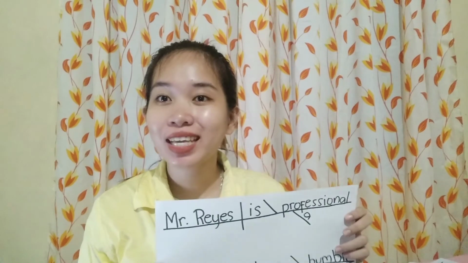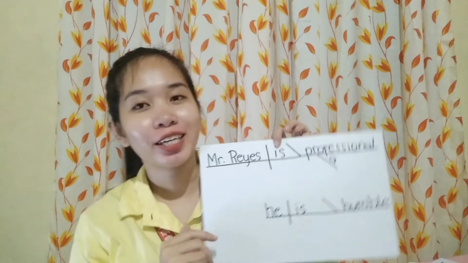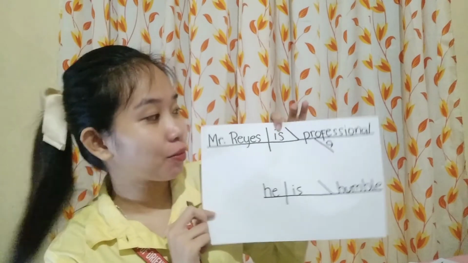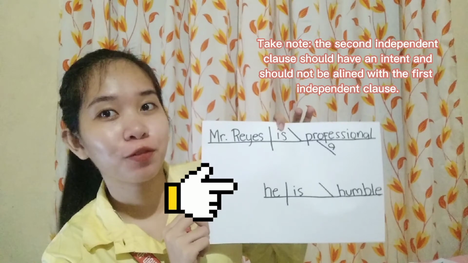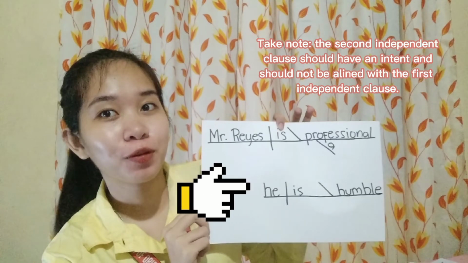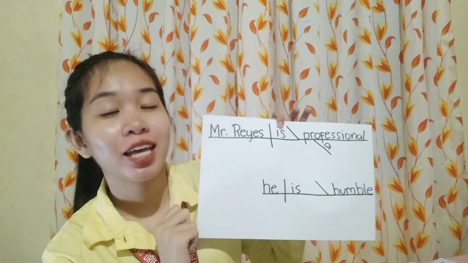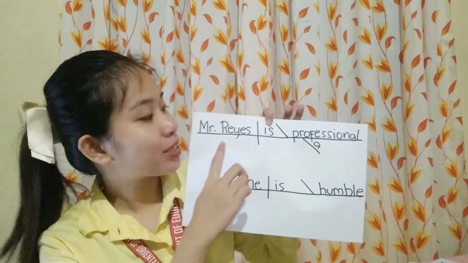Diagramming the compound sentence. So we can proceed to diagramming the simple subject in the compound sentence. So take note. The second independent clause should have an indent and should not be aligned with the first independent clause. The first independent clause will be placed on the upper side.